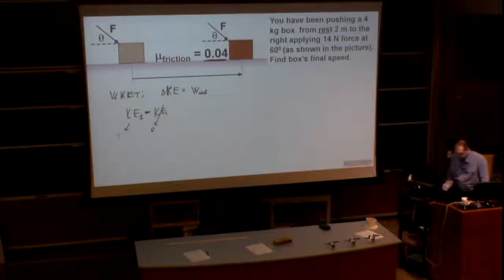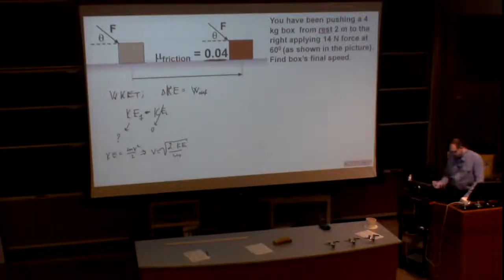And the final kinetic energy is basically what we're looking for. Because if we know that and we know the mass, we can calculate speed. Kinetic energy equals mv squared over 2. Hence, speed will be equal to 2 times kinetic energy divided by m and taking square root of that. That's it. So, in order to calculate the final kinetic energy, we have to calculate the work done by all forces, total. All forces.